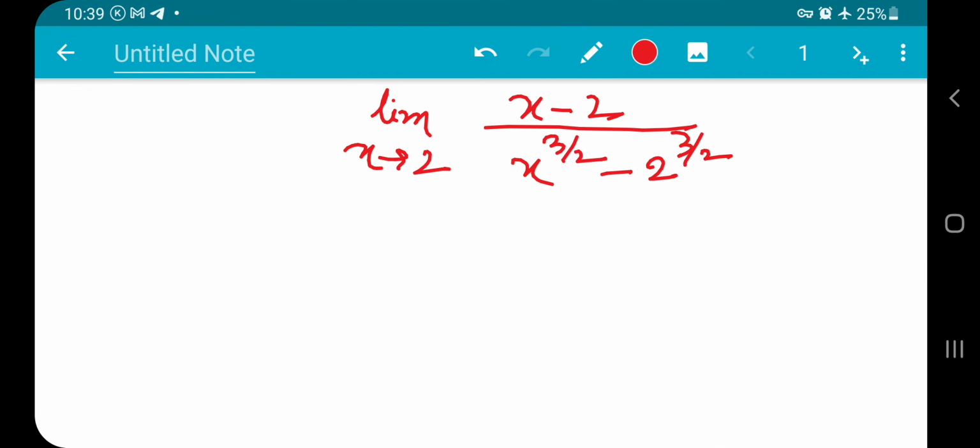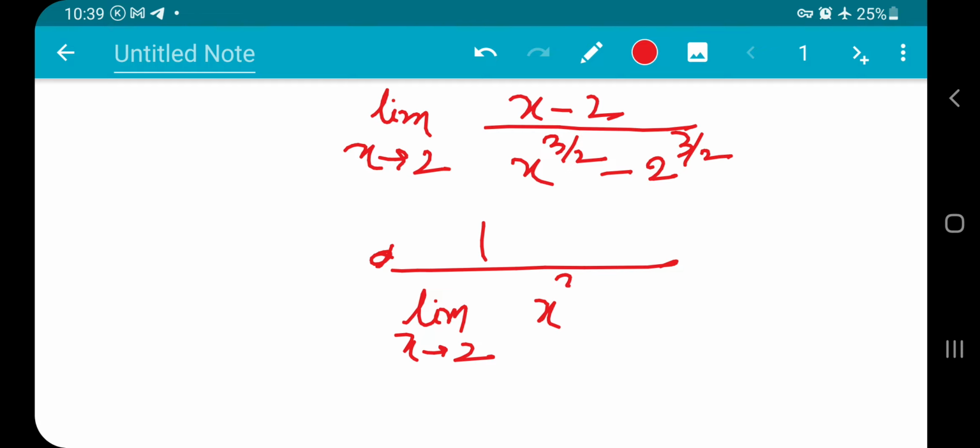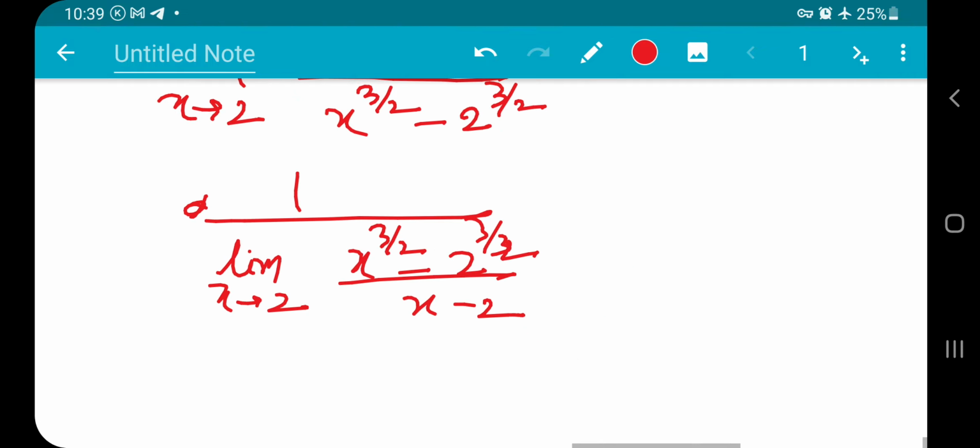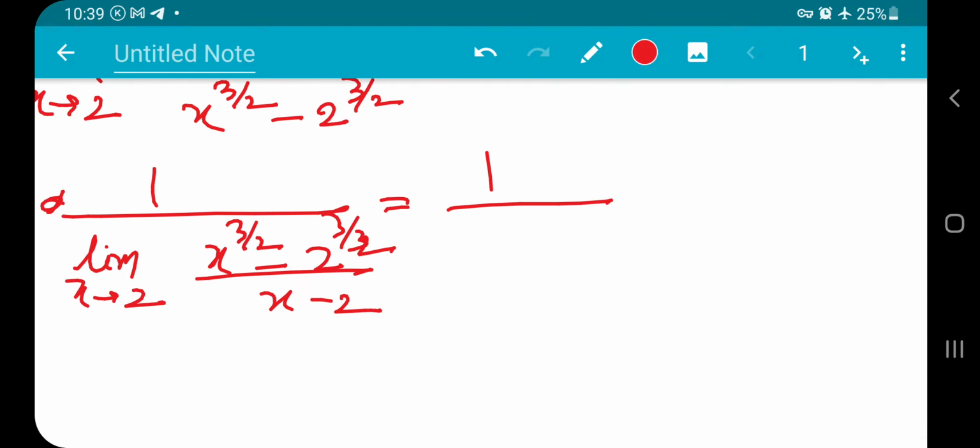We can also write like this: 1 by limit x tends to 2, x to the power 3 by 2 minus 2 to the power 3 by 2 by x minus 2. So I think this is in a form of, this is just a standard form we can use now.